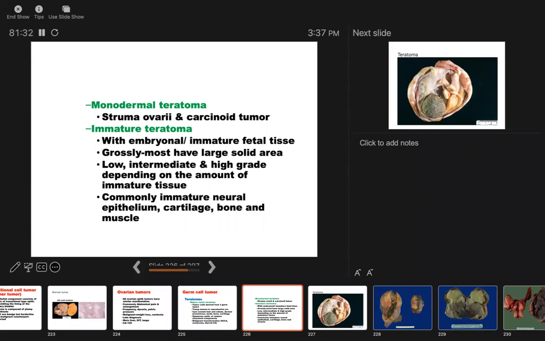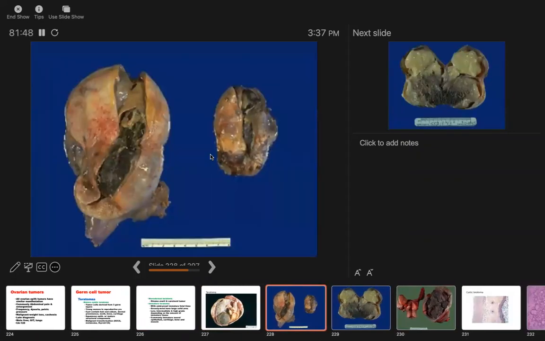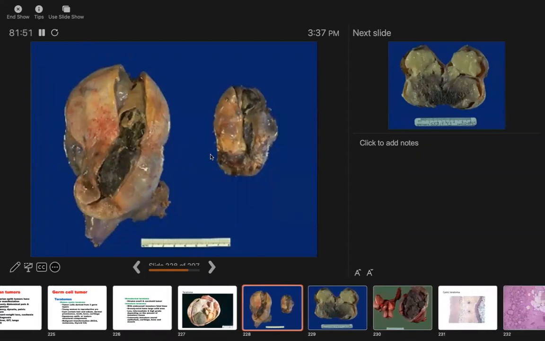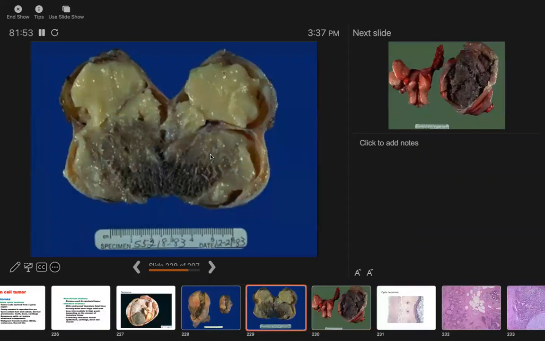And the third one is what you call immature teratoma. Why? Because this time you see embryonal or fetal tissues as elements. So again, these are examples of teratoma, classically with yellow material admixed with hair in the fresh state.